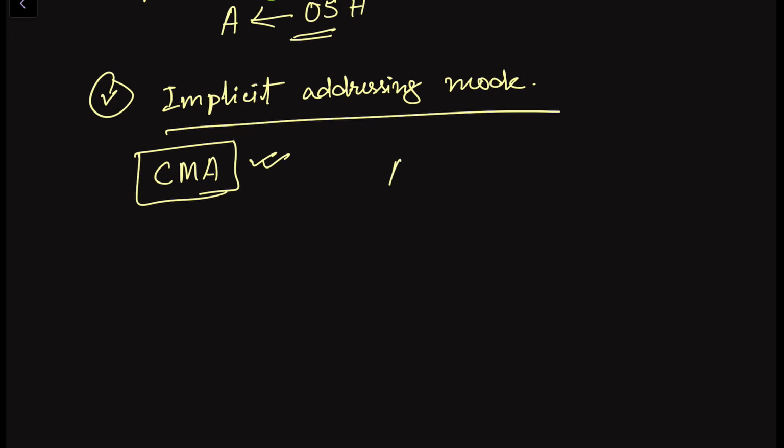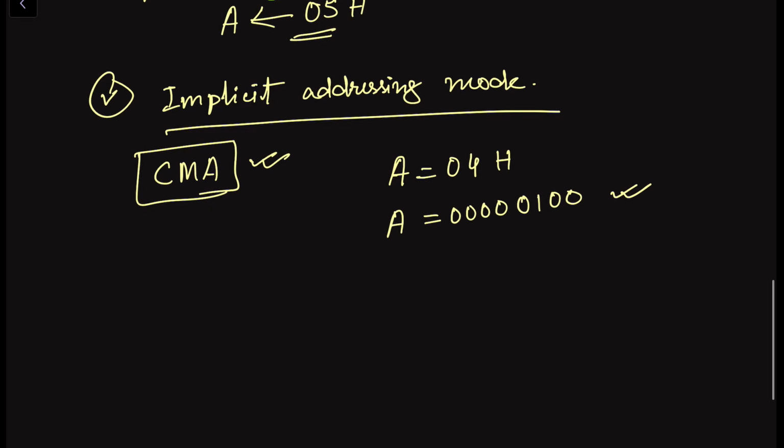Suppose the accumulator content is 04 in hex code. What will be the representation in binary code? 0 will be represented with four 0s, and 4 will be represented with 0100. This is in binary form. Now after going through this instruction, we have to complement the accumulator content.